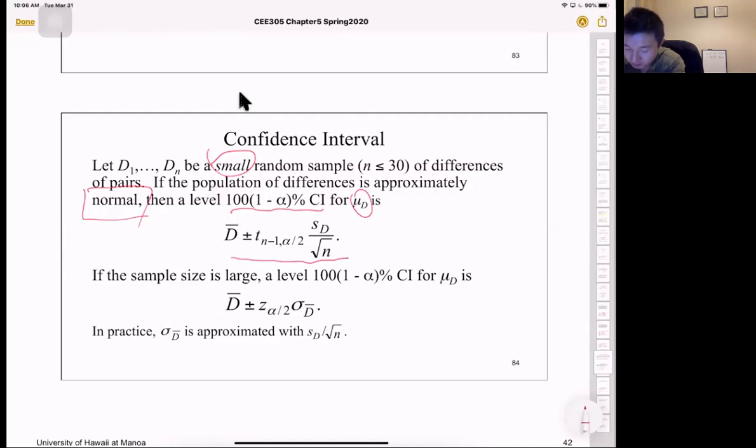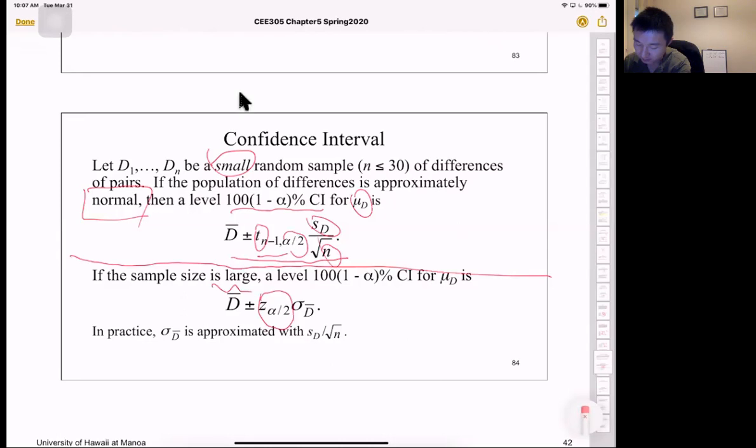Again, we use the Student's t distribution. The degree of freedom is n minus 1, and this is half alpha. SD is the standard deviation of the sample, and n is the sample size. If the sample size is large, we use another equation, with the z value from table 2 instead of the t table, which is table 3.